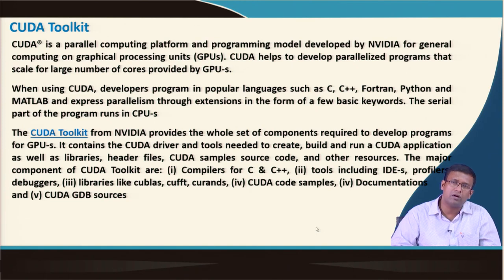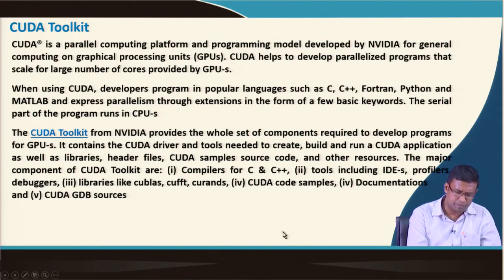So, the entire BLAS library equipped with CUDA capability is present as the cuBLAS library, which is also a part of the NVIDIA CUDA toolkit. There are CUDA samples, there is documentation, and debuggers like CUDA-GDB and their source codes also. So, everything is available inside the CUDA toolkit.